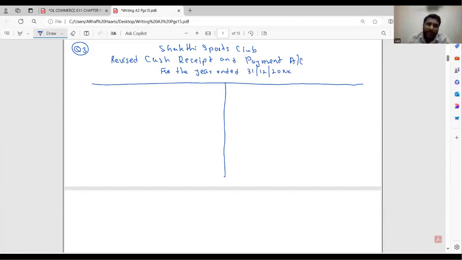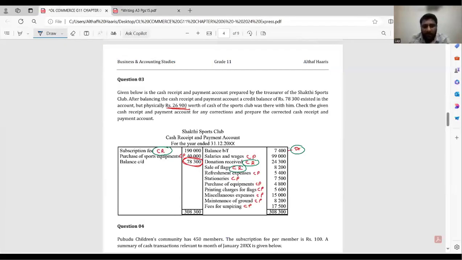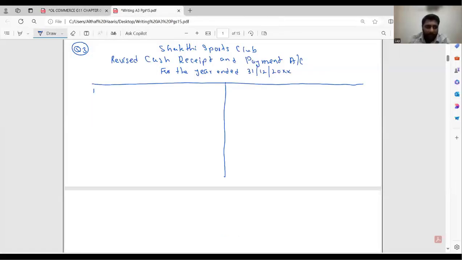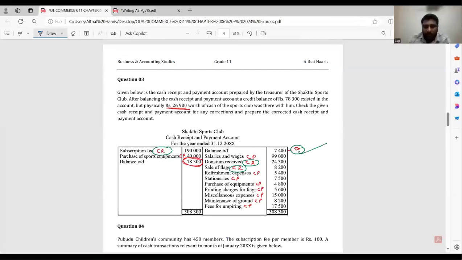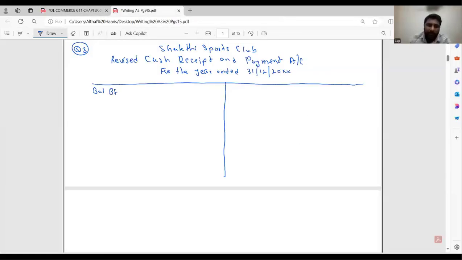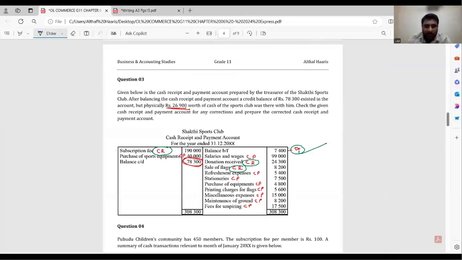So we'll write the items which should come to the debit side, people. Let's take one by one. Balance BF 7,400. Done. The bugger has written it in the credit side. Then cash received, donation received 24,300.